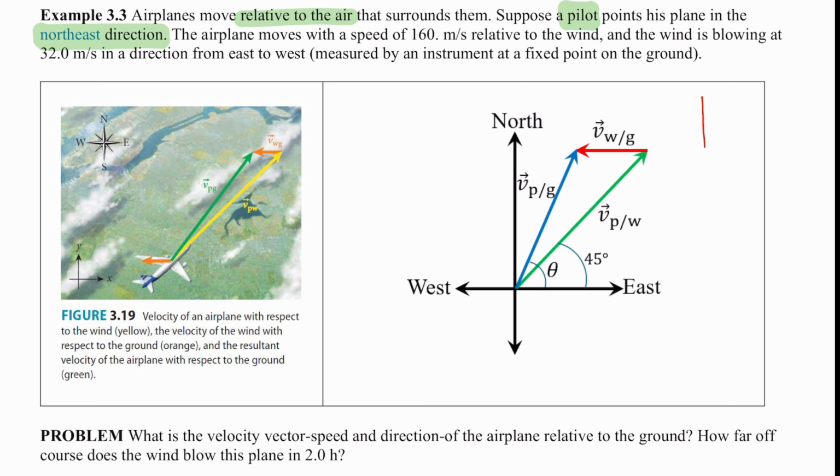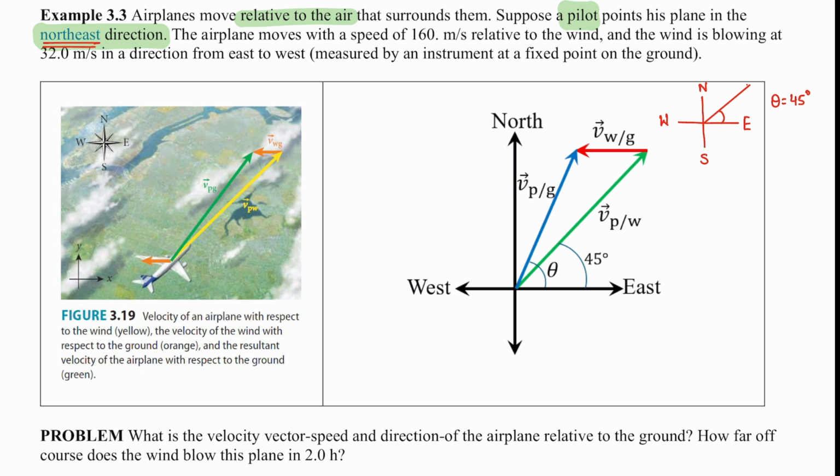Let's say this is our graph, this is your north, south, east and west. If I tell you northeast, it means exactly half, so theta should be 45 degrees. This is the keyword, northeast direction.